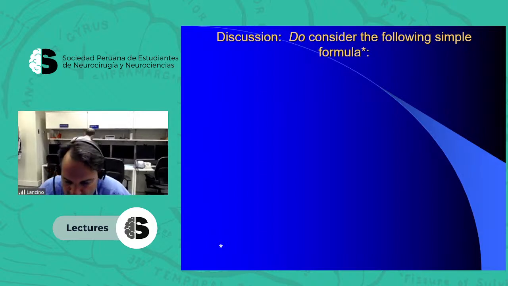Then the introduction: we stressed the fact that it's not meant to be a complete review of the literature, and that it has a funnel structure in which you tell the reader why what you did is important. Then materials and methods is basically where you tell the reader how you did your study.